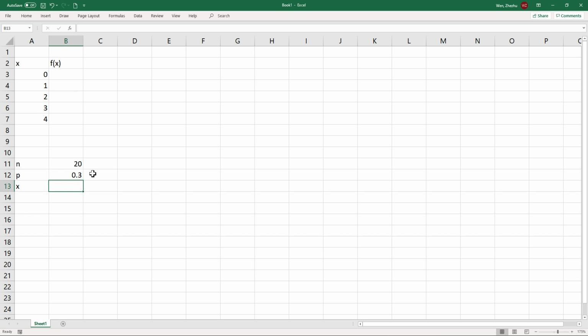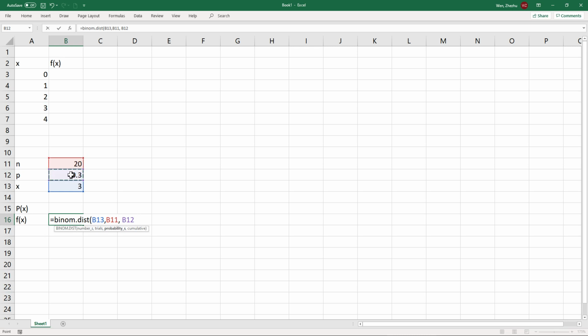Let's say we're interested in knowing what is 3 out of 20, with each time the chance of success is 30%. So we can say P of X, or I'm sorry, you can also say F of X. It's going to be BINOM.DIST, 3 success events out of 20 trials.